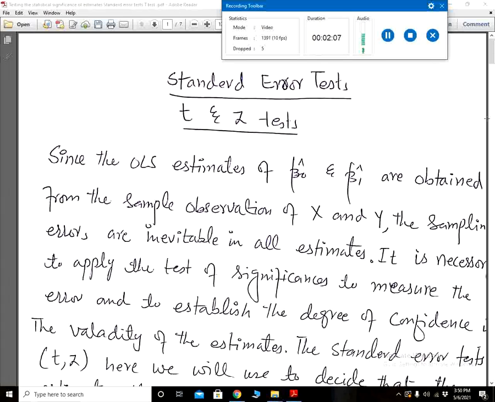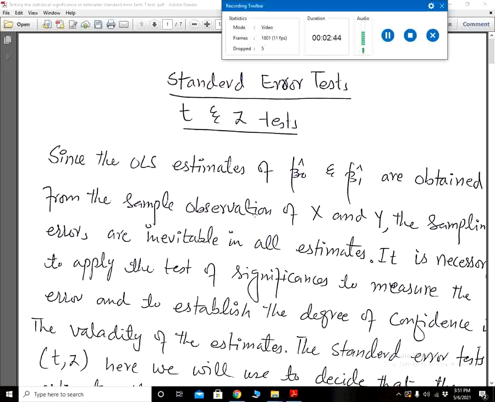If the population variance and standard deviation are unknown and the sample size is less than 30, then we will use the t-test to gauge the statistical significance of the coefficient estimated. We start the standard error tests, t-test and z-test. We will study the procedure of conducting these tests to gauge the statistical significance of the coefficient estimated.